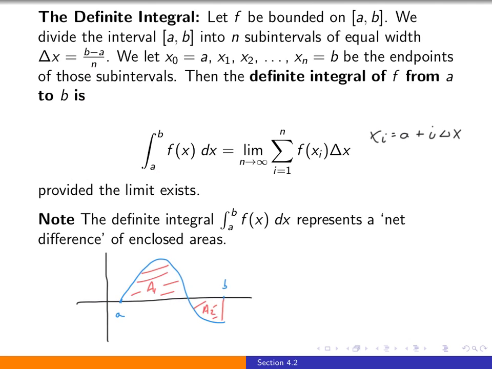And the big interpretation that we had of the definite integral is that it represents a net difference of enclosed areas. And I think the picture below is the best way to illustrate this. If in blue we have the function y equals f of x, then the definite integral from a to b of the function f of x dx is the net difference of area enclosed between the function and the x-axis from a to b.